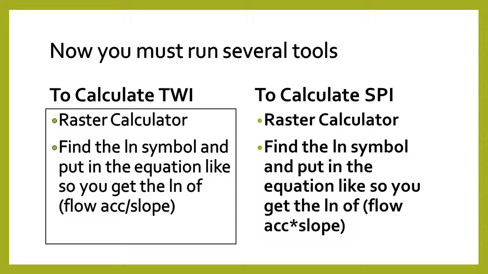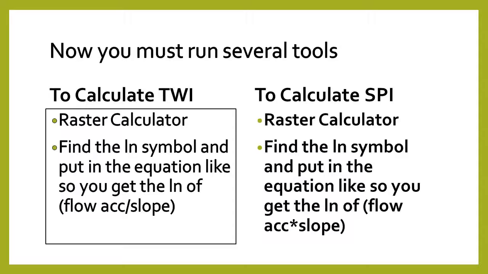Now once you double click on the first thing, it has a tendency to move your cursor outside of those parentheses, and you'll need to move it back in, because just like it shows here on this second bulleted point, your equation will be something like the ln of, and then you'll have your set of parentheses, and inside those parentheses you need to have your flow accumulation raster divided by your slope, and then run it, and voila, you now have a topographic wetness index.